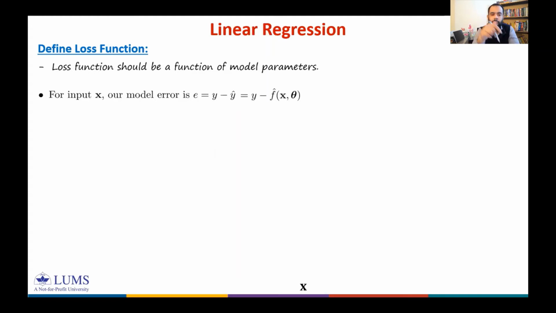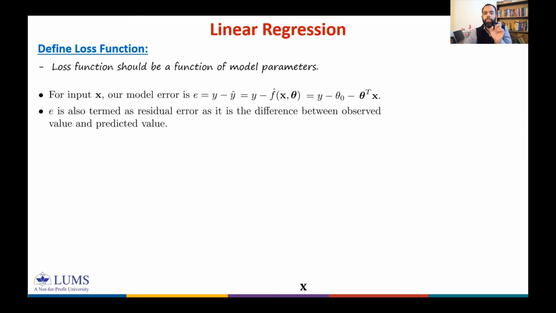And if you substitute the linear model here, you get y minus theta naught minus theta transpose x, because f hat of x theta is theta naught plus theta transpose x. So this is the model error. It is also referred to as a residual error because it is the difference between observed value and predicted value, the difference between y and y hat.